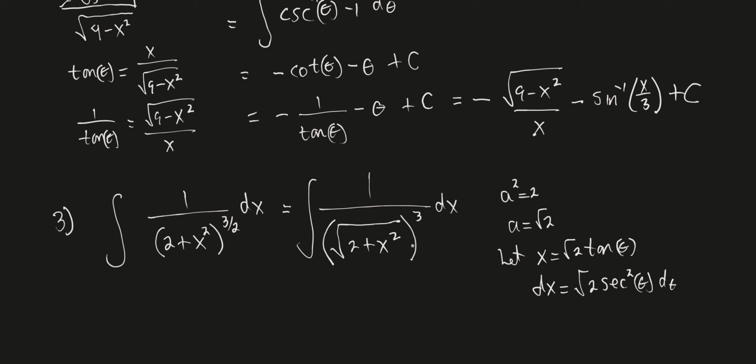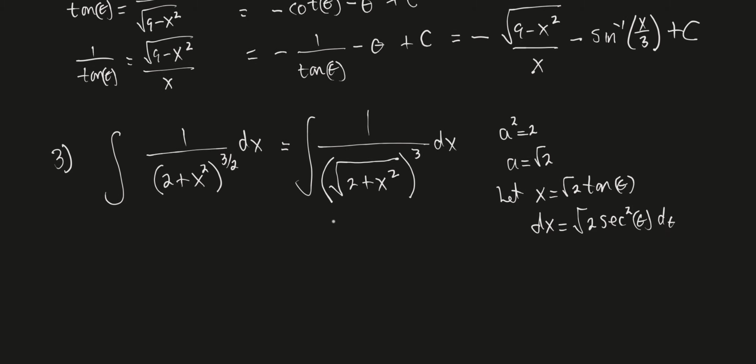Now let's work on the integrand. Let's see how we can simplify this as much as possible. We just have to handle this extra 3 with care. So we have 1 over the square root of 2 plus x squared, all to the third power. Let's plug in what x is: x is the square root of 2 times tangent theta.